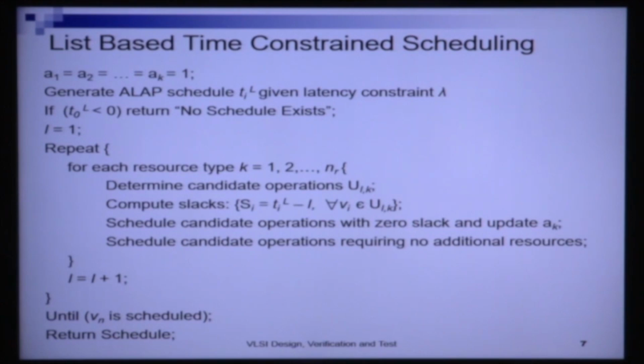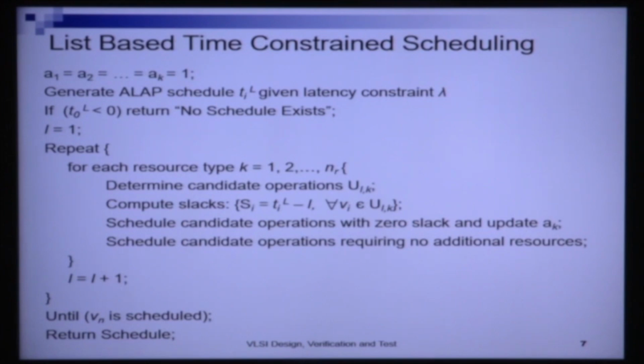After that, if we have operations left, when we have updated AK, for all subsequent time steps, the minimum number of resources available to me is AK, right. So, after we have scheduled the 0 slack operations, let us say not more than AK resources, that means less than AK resources have been required for that, and we have some residual resources that can schedule more operations.